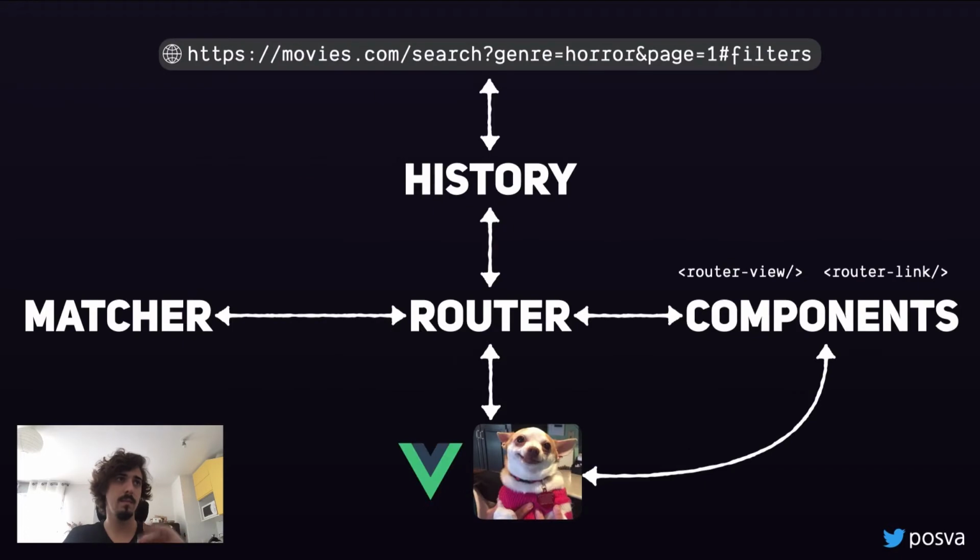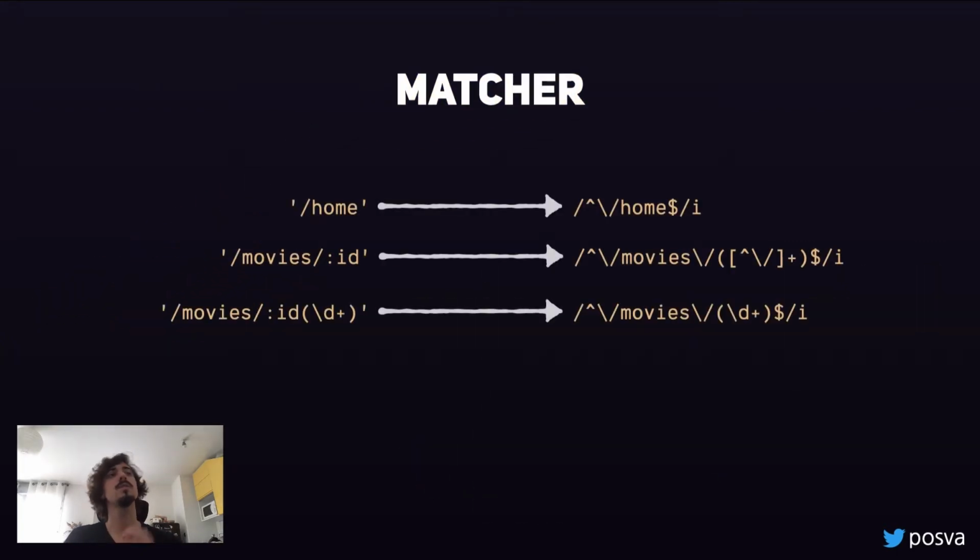So all this part that we're looking at is located at the matcher, and I want to go a little bit above how this works and give you a shorter version of the explanation of how these work. So we transform the path into these kinds of regex. If you're not familiar with regex, this is going to look like another language to you, but it does make sense.